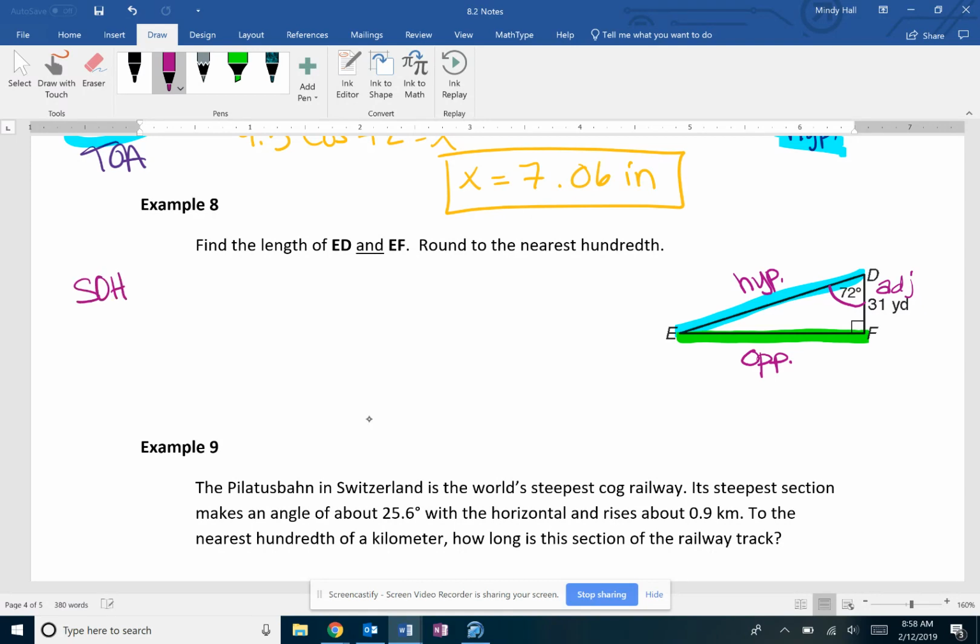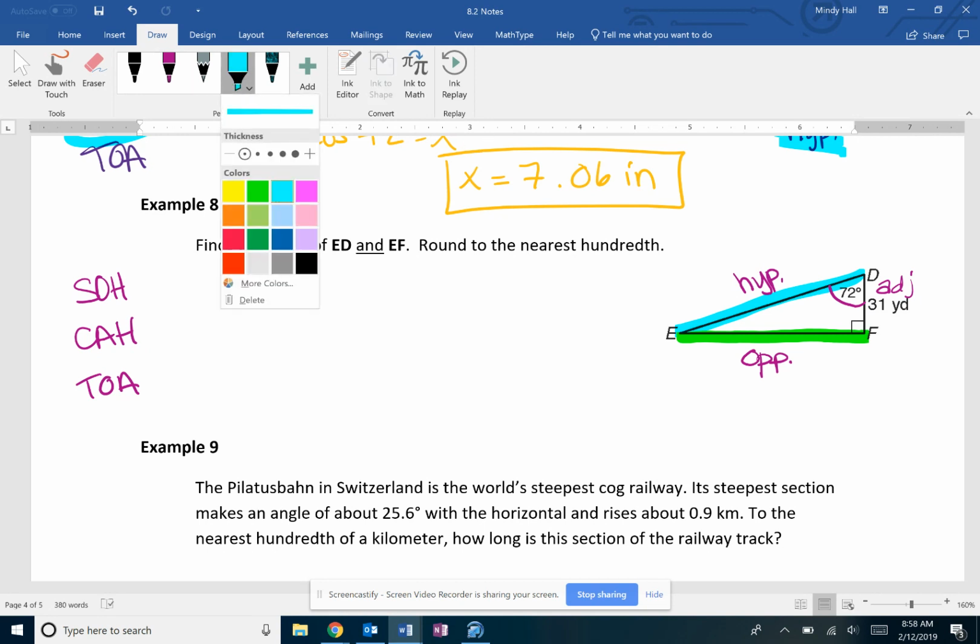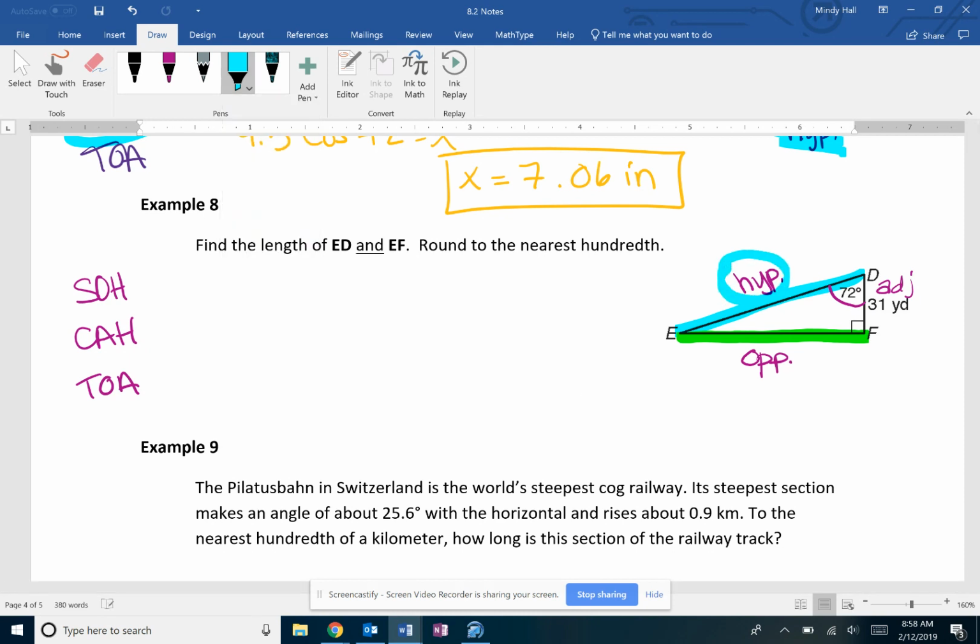Because we have two unknowns, you're actually going to have to use two different trig ratios. For the first one, let's say we want to find ED first. With ED, I have the hypotenuse that I need, and I also have this adjacent measurement that I know.